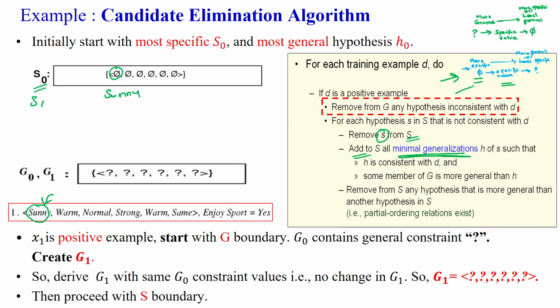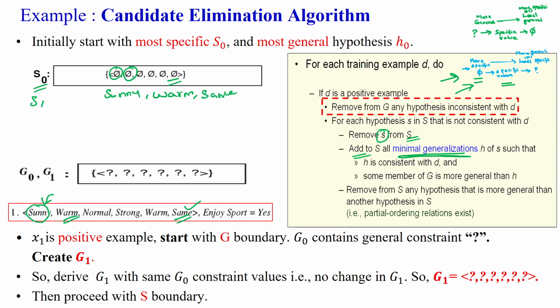Minimal generalization is this rule: null is replaced by the specific value. The second null is compared with warm, it is not accepting, so it is replaced by warm. Like that, the sixth null is compared with same. No, it is not accepting, so we replace that by same.